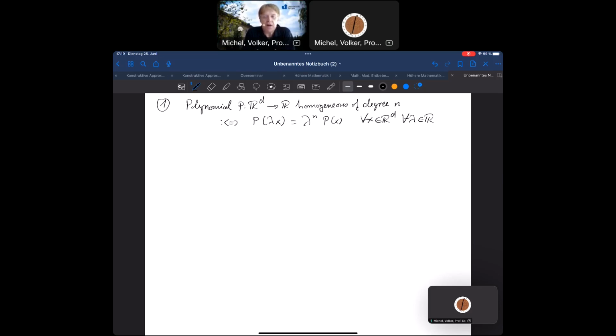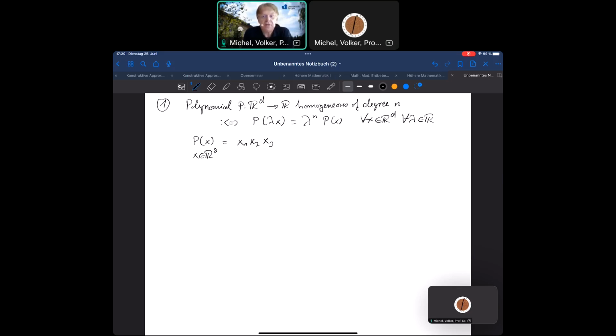Basically, it means, and it's really equivalent to that, that if you write down a polynomial in each of its summands, every summand must have the same degree. So for example, a polynomial P(x), let's have x in R^3, which equals x1 x2 x3 plus x2^3 plus x1^2 x3.